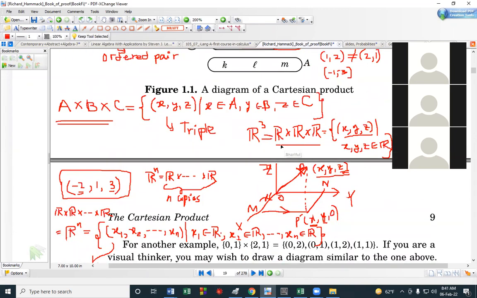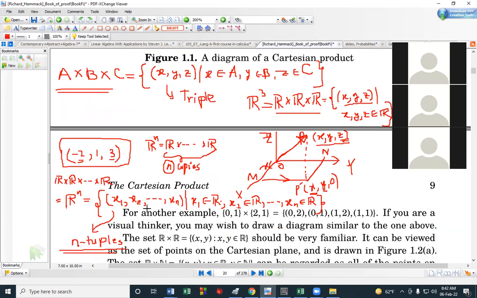Now we are generalizing this construction, saying we can take the Cartesian product of any finite number of copies of the set of real numbers, and we denote it arbitrarily by n. This n could be 2, 3, 4, 5, or whatever. If it is 5, then we have 5 components in our ordered 5-tuples.